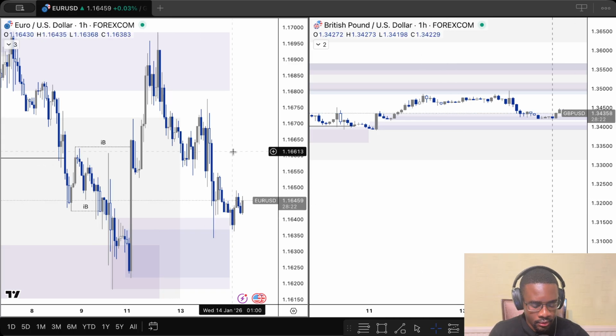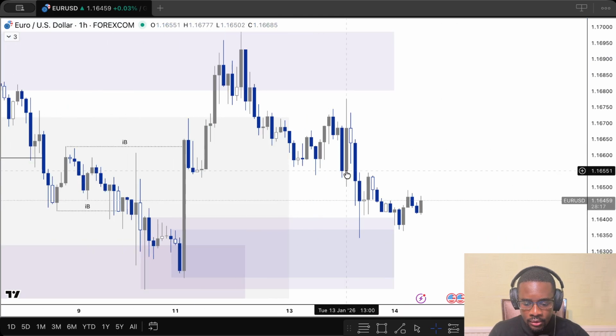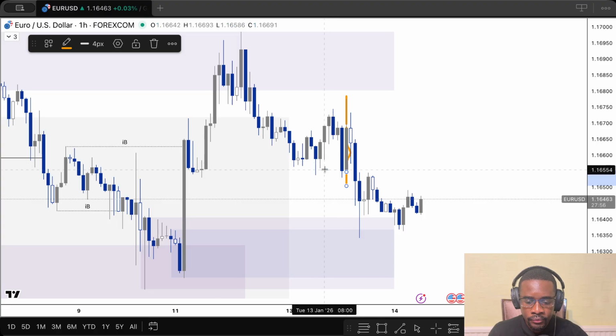And then in terms of the news, CPI created this candle here. As you can see, it's got a large wick at the top and a relatively large wick at the bottom. On lower time frames, you'll notice that it swept both sides of the market. It came down, took the lows for those who were looking to go long, and then came up and took the highs for those who were willing to go short.